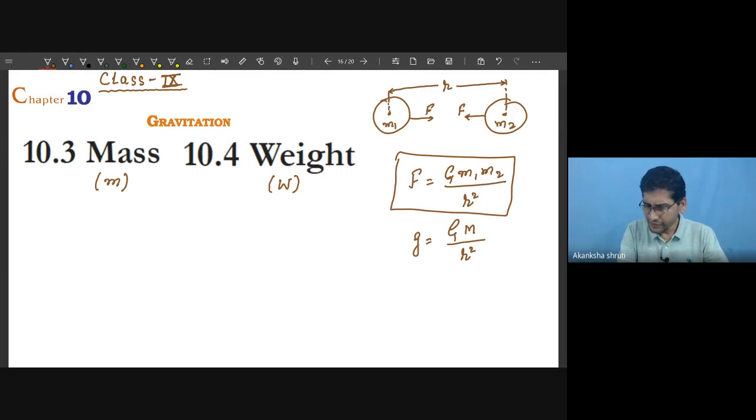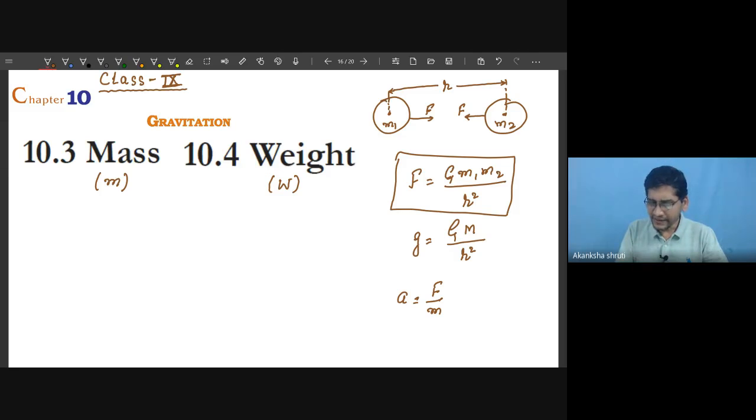Now when the force is acting, from Newton's second law, we have learned that this force always produces acceleration a, and that acceleration is given by force divided by the mass. So the term mass again and again we are using.